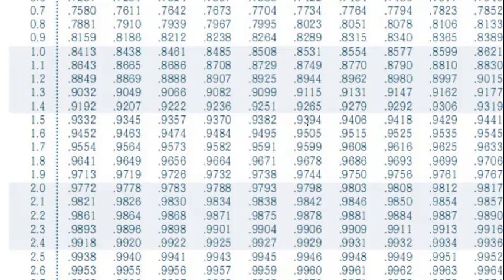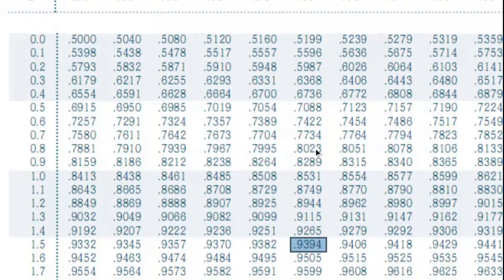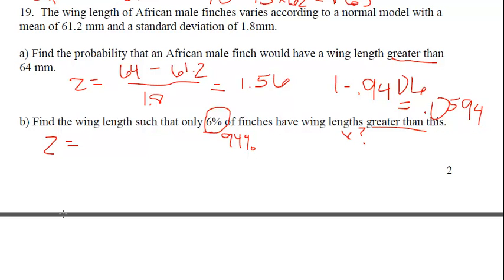I could take either of these two numbers because they're the same distance from 0.94. So I'm going to go with 1.55. That's this number here. I'm getting the z-score that corresponds to 0.94. So back here, this is 1.55.